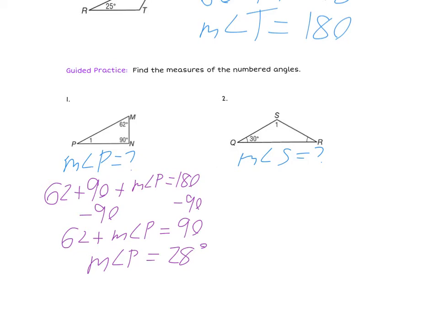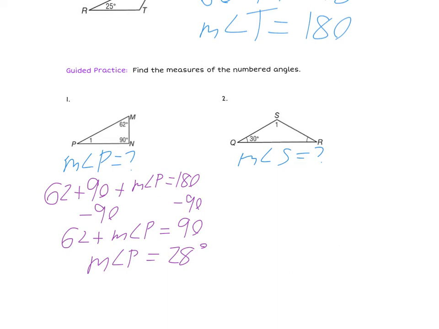The measurement of angle S in number 2, well, it doesn't label for us what R is, but we can assume based on the similar symbols on Q that Q and R are both the same angle measurement.